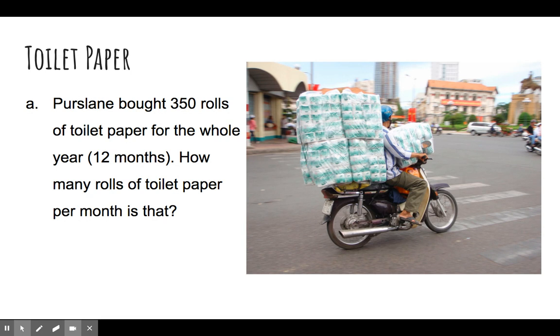Okay? Now, I know I have to go this way eventually, so let's go this way on this side. 12 divided by 12 gives me 1. What I do on one side, I have to do on the other. 350 divided by 12, type it into your calculator, and you'll get an odd number again. 29.17 rolls per month would be our answer for that.